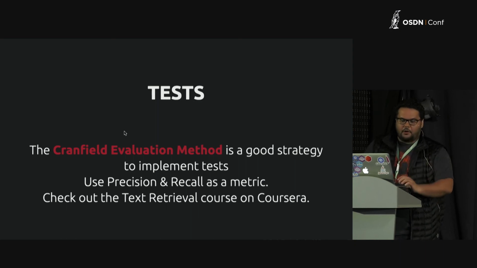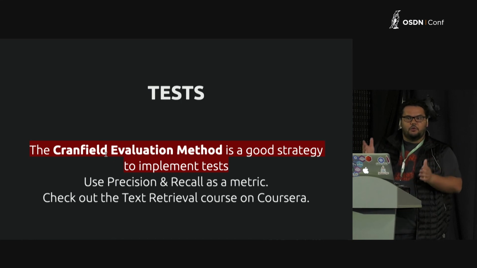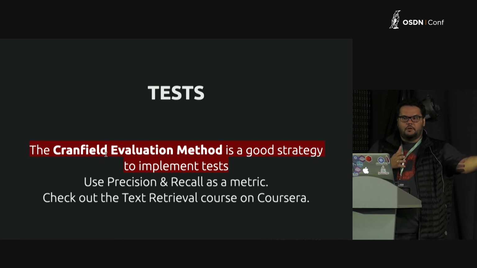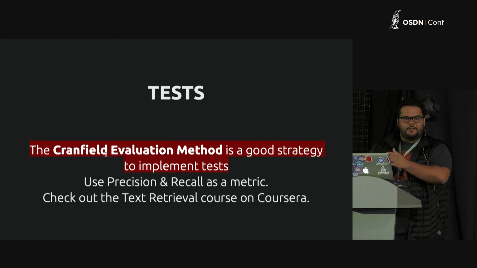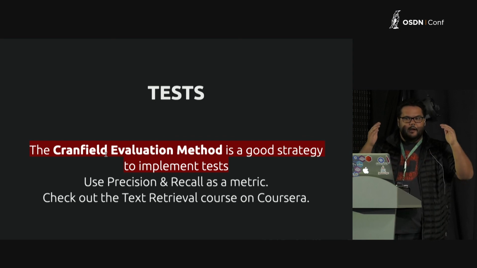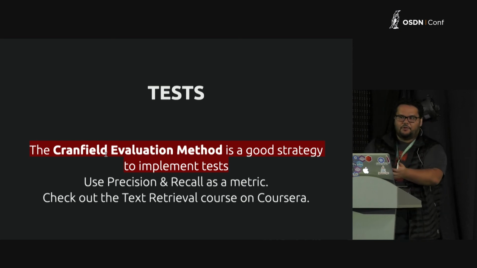You have to use a method called Cranfield evaluation, which basically shows how close you are to the ideal result. And of course, you have to use precision and recall. So every time you change a parameter, you have to say, okay, what's my precision and what's my recall for this change here? You never change many parameters at once like I did.